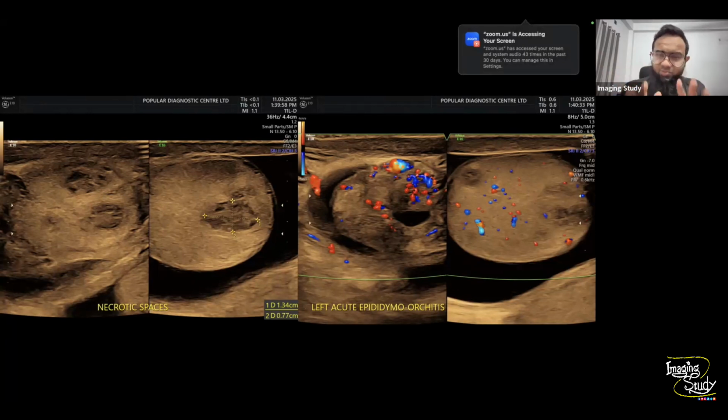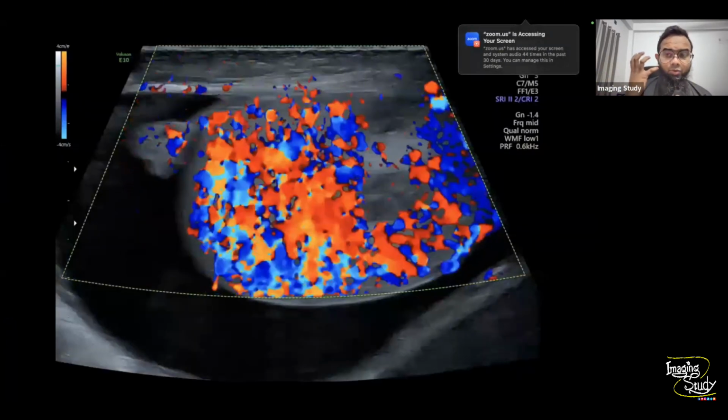Let's see this case with the MSK setup of this machine. This is the small part setup. This is my own preset. So I adjusted it for regular testis ultrasound practice. But let's go to the manufacturer's preset for musculoskeletal ultrasound. So let's go there. You'll see some good detail here.